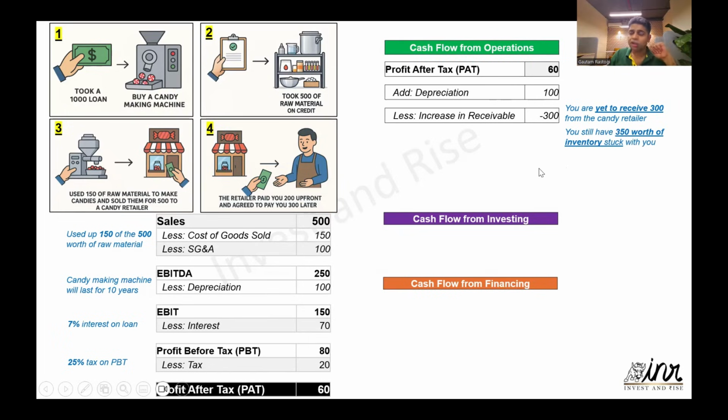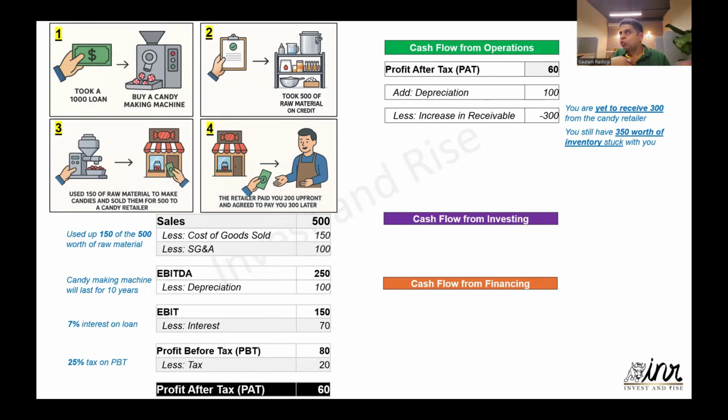Next is, see, you still have 350 worth of inventory stuck with you, right? If you recall, if you look at this third transaction यहाँ पे, you used 150 of the 500 worth of raw material to make candies. तो 350 worth of raw material, or 350 worth of inventory, is still sitting with you. वो आपके पास है अभी.